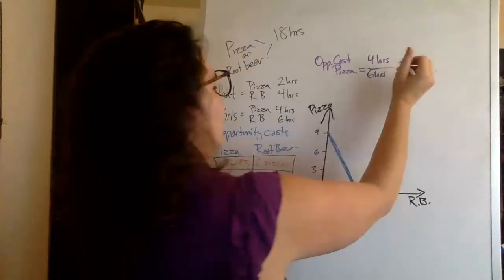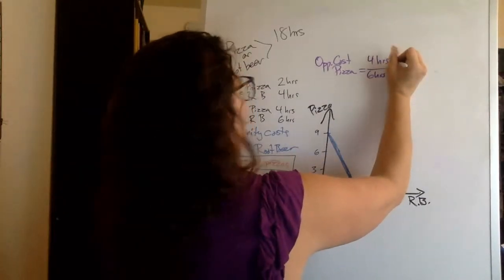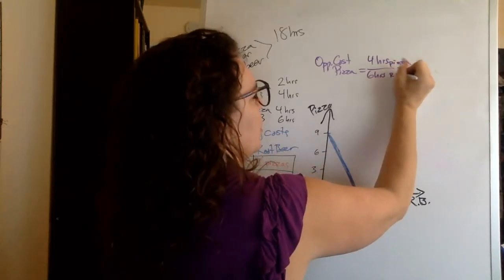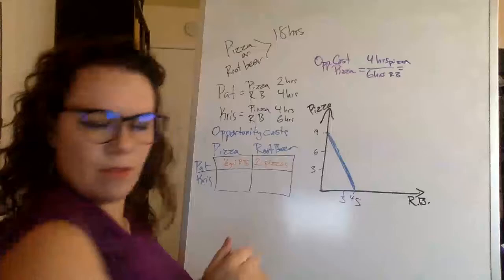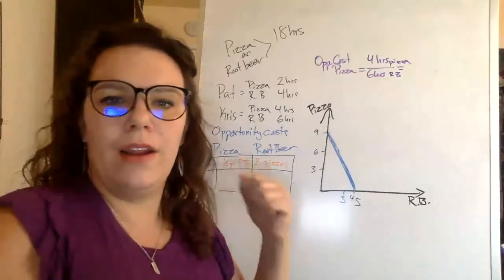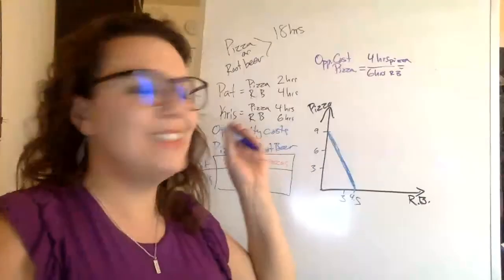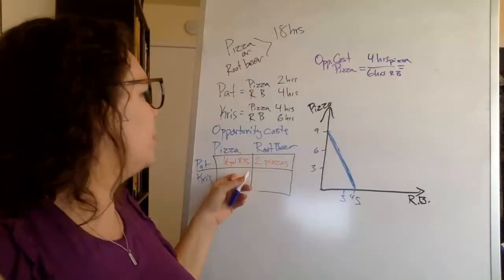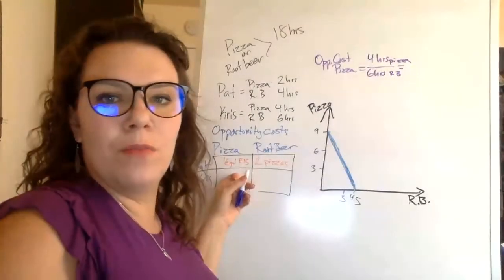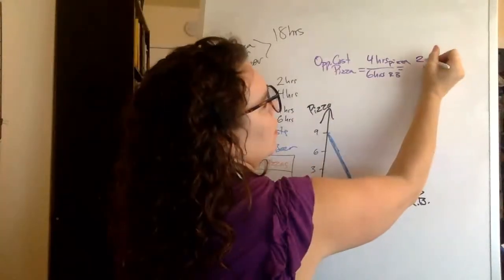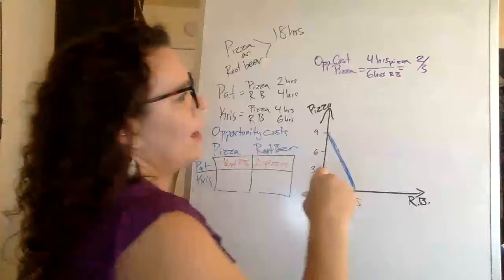So this is going to be 4 hours for pizza and 6 hours for root beer. That's going to give us 4 divided by 6, or Kris's opportunity cost of pizza is going to be 2/3 of a gallon of root beer.